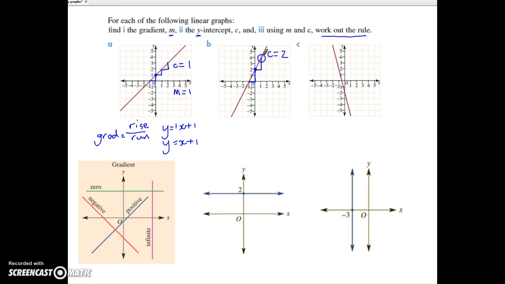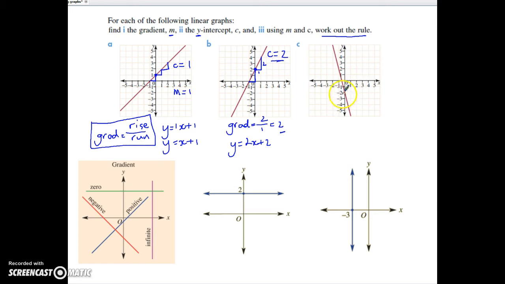So I've got a rise of 2, a run of 1. My gradient here is 2. Y-intercept is 2, gradient is 2, so y equals 2x plus 2.